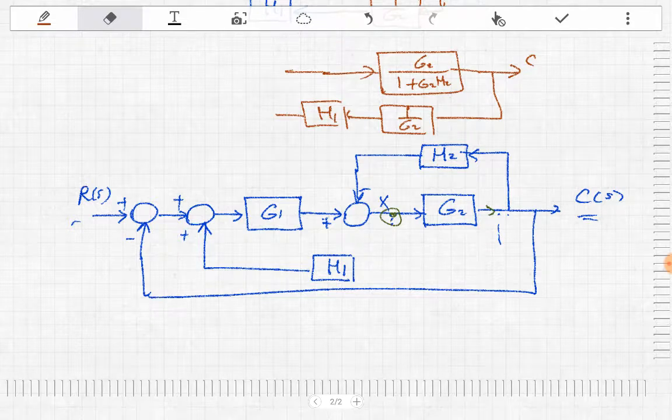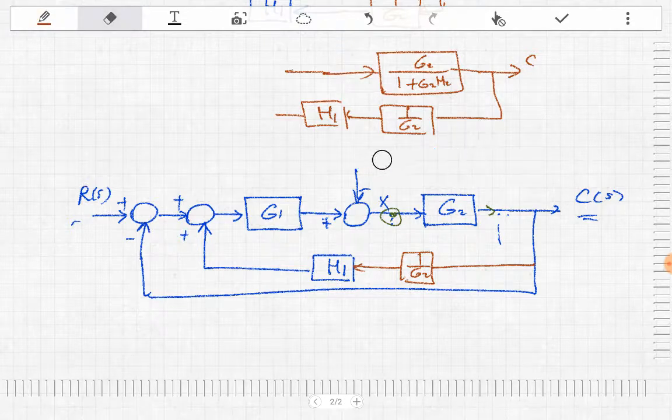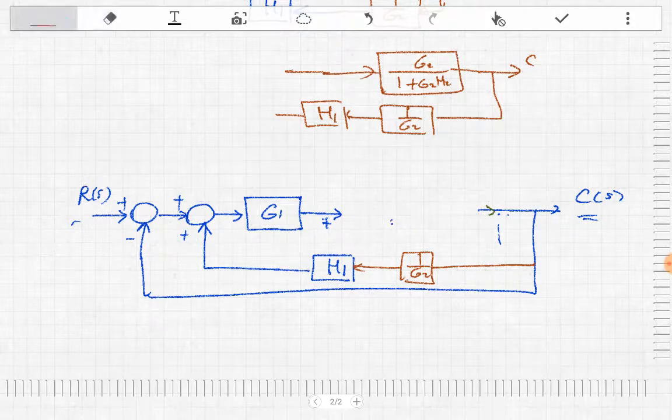And you are going to connect with what? 1 over G2, true? And this one coming from where? From C, the same thing here. And this one block, I'm going to remove it, true? And I will have the equivalent. What's the equivalent? Exactly, G2 over 1 plus G2, H2.